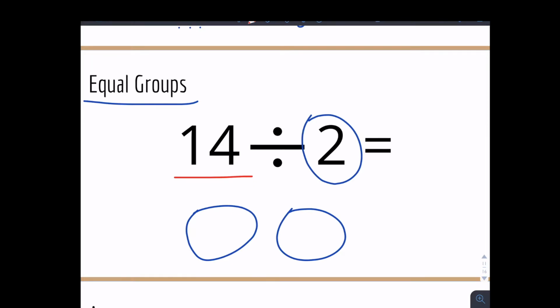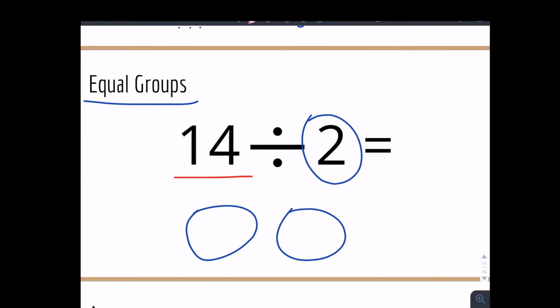And so I kind of call this one more like the deal out method. Kind of like if you're playing cards, you don't just give 26 to the first person and 26 to the second. You do one at a time until you run out of cards. And so we're going to deal to the 2 people playing until we get to 14 cards.